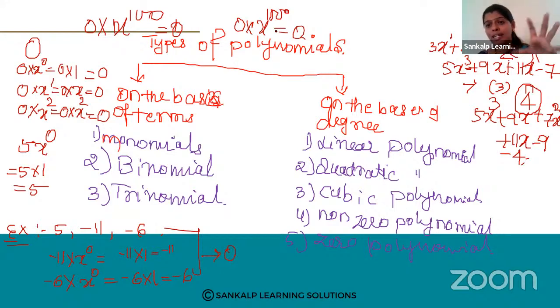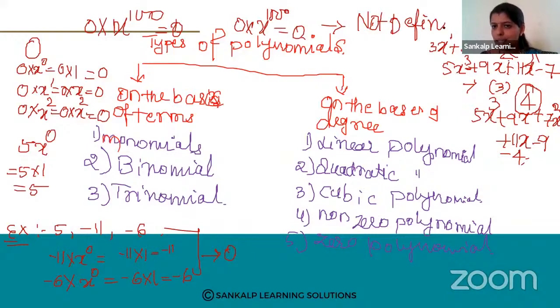Therefore we can't define the exact degree of that polynomial. Therefore here the degree is not defined, that means not defined, nd.